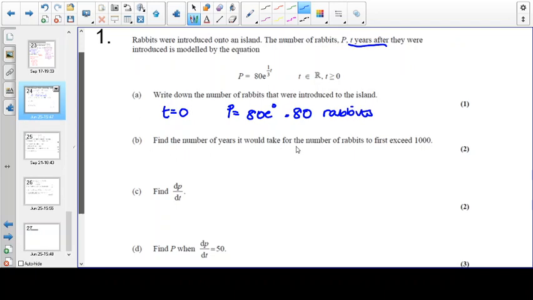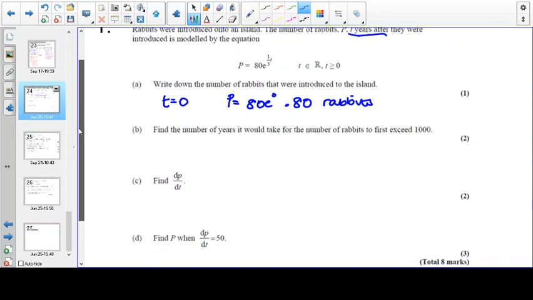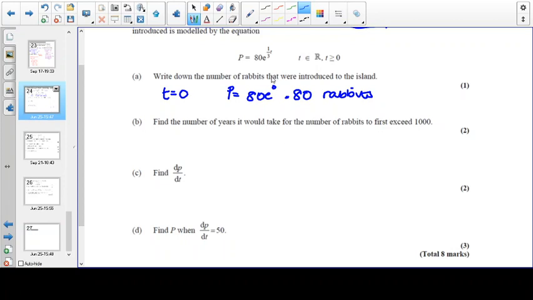Find the number of years it would take for the number of rabbits to first exceed 1,000. Okay, so t is unknown. We know p has got to be greater than 1,000. So we need to solve 80 e to the third t is greater than 1,000. We've got an inequality, and we're going to solve it in the same way that we would solve the equation.